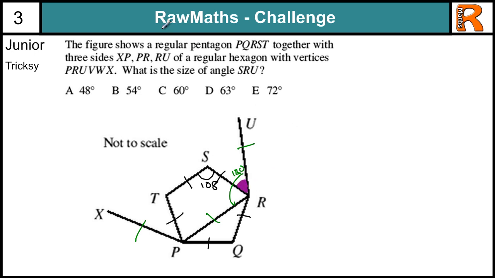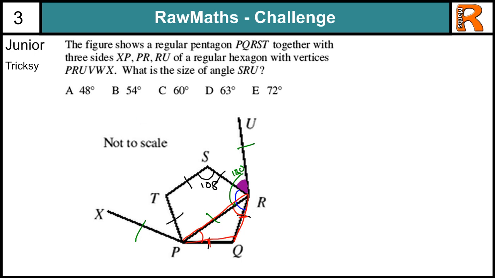SUR. To find that, we need to use the fact that this angle here is 108, this angle here is 120, and these key angles here, this red bit and this red bit, are the same, because this is an isosceles triangle here.